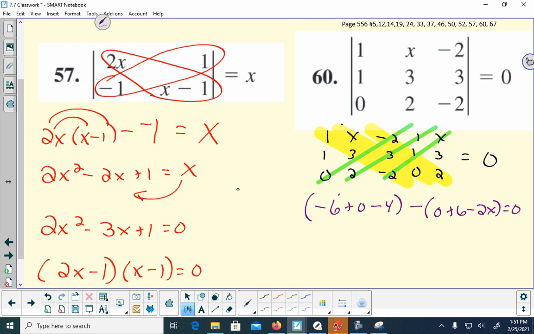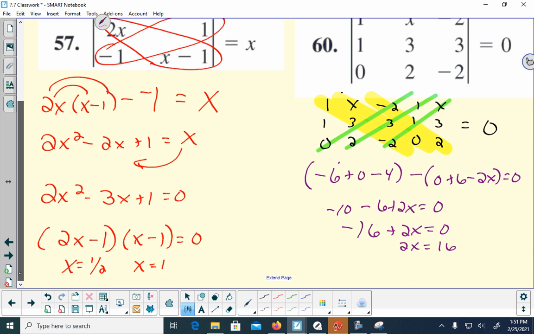So I'm going to have negative 10 minus, well, I can make this minus 6 plus 2x is equal to 0. So I'm going to have negative 16 plus 2x is equal to 0. Add 16 to both sides. And then divide both sides by 2, and I get x is equal to 8.